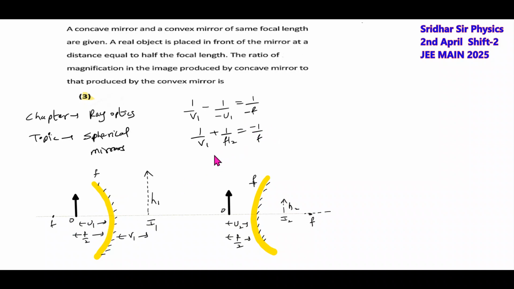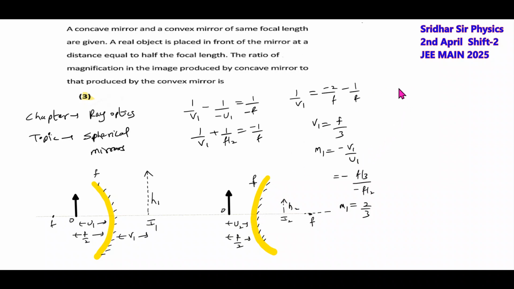So 1 by v1 equals minus 2 by f minus 1 by f, so v1 equals minus f by 3. So magnification will be minus of v1 by u1. v1 will be f by 3, u1 will be minus f by 2, so magnification will be 2 by 3.